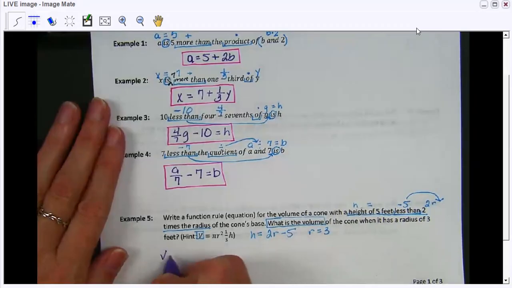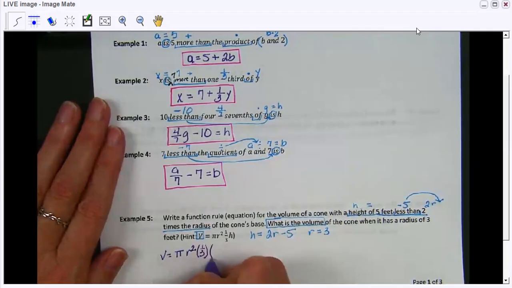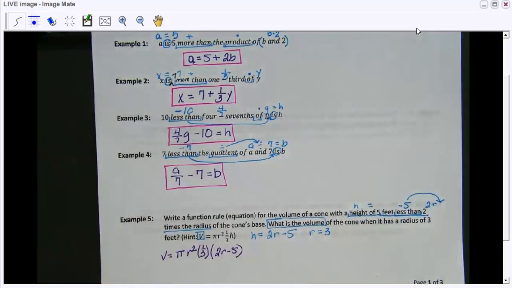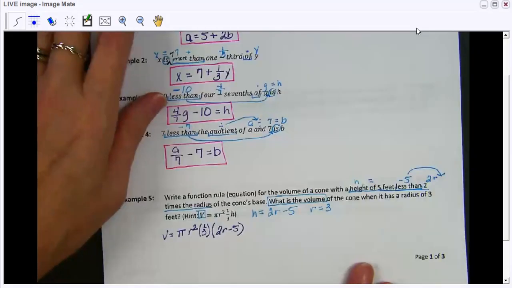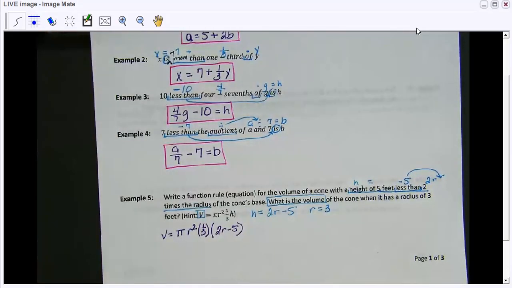So we have V equals pi r squared times 1/3 times my height, which is 2r minus 5. Now what I'm going to do is plug in the 3.